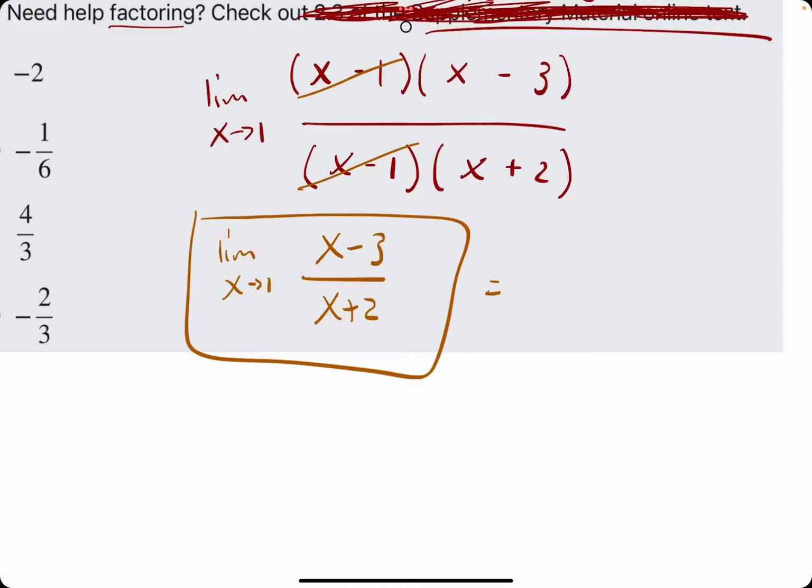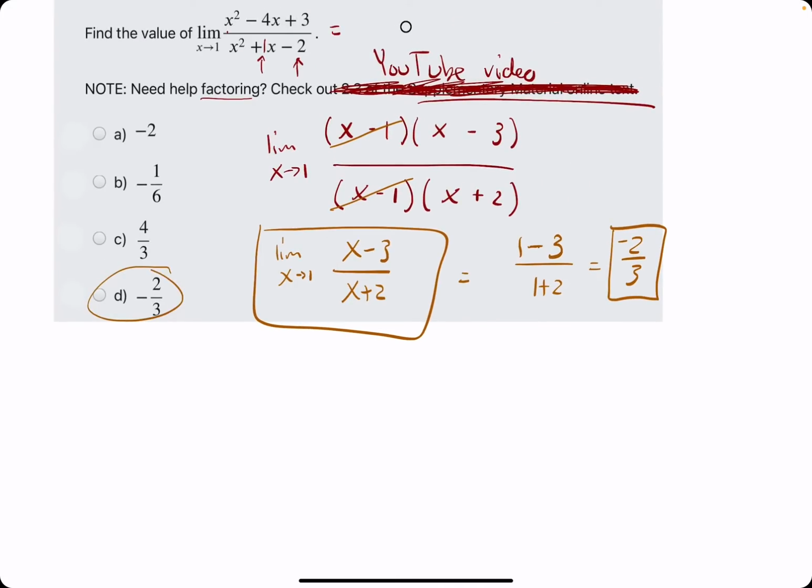As x approaches 1 is almost the same thing as plugging in 1 to what we have here. So we have (1 - 3)/(1 + 2). 1 minus 3 is -2. 1 plus 2 is 3. -2/3 is our answer.